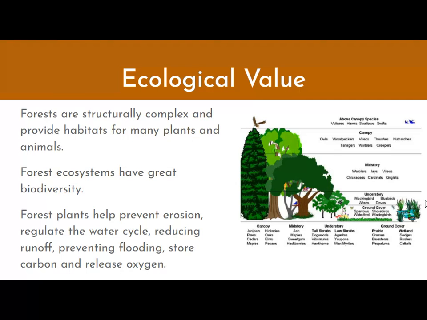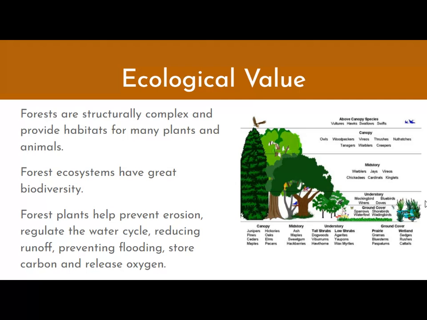So yeah, this is just a kind of diagram of the different layers of a forest. Up at the top, we've got our above canopy stuff. So that's our birds and other flying critters. Our canopy is just where all of the leafy stuff is. We've got more birds that live up there, along with all of the climbing species.